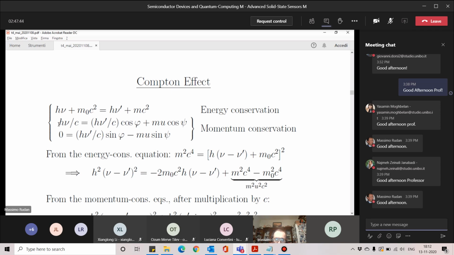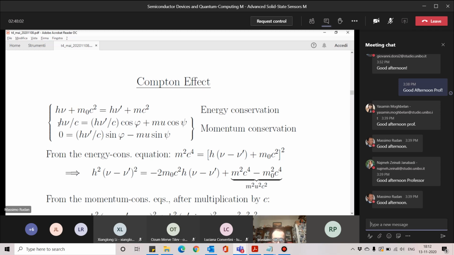When we continue with the analysis of the momentum conservation, we have to go on the right-hand side of the two equations. The second equation describes the conservation of momentum along the x-axis.